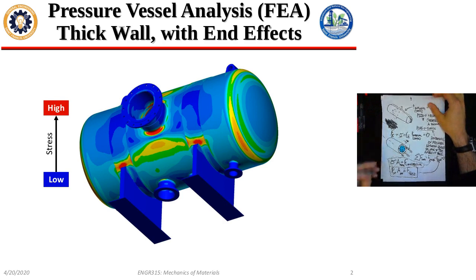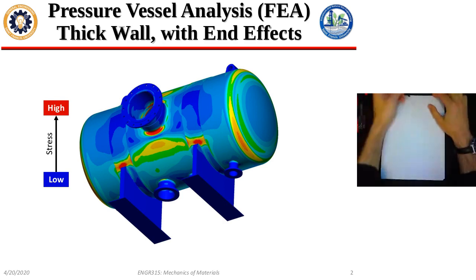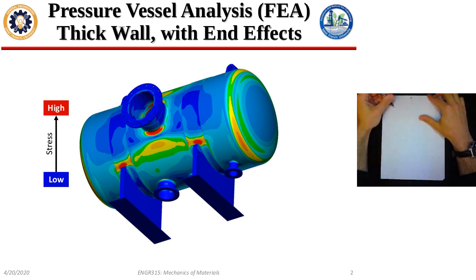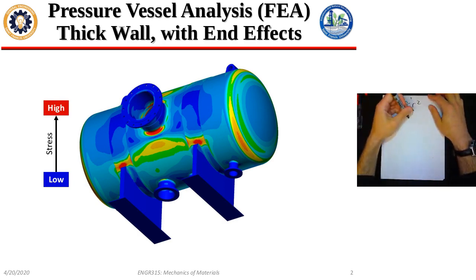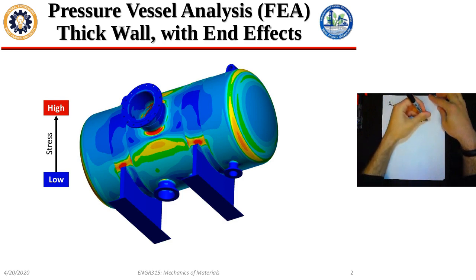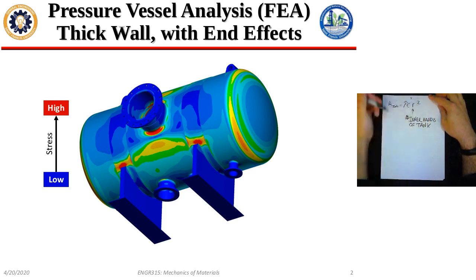If I know the radius, then the internal area is just pi times the radius squared, and we're done. Cool.